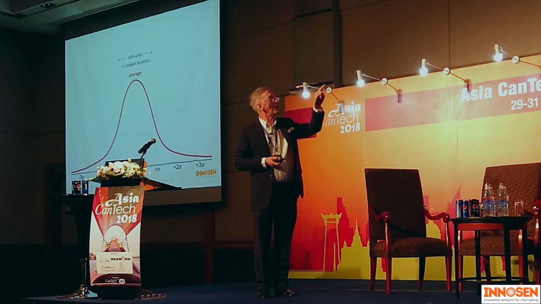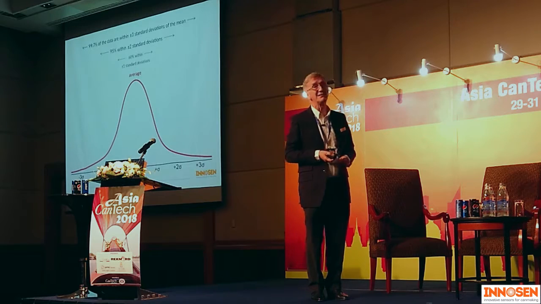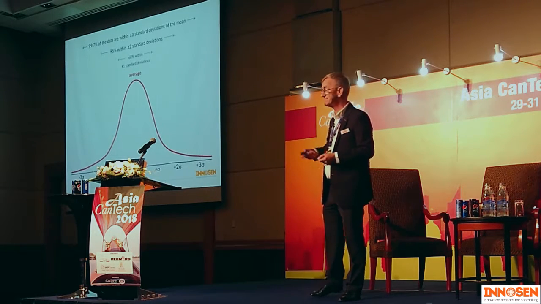But there are also other ways of determining the standard deviation out of the statistical data that you can gather from your production line, from your quality laboratory. Once you know your standard deviation, and you go plus or minus 1 standard deviation away from the average, you've covered 68% of your production. If you go 2 standard deviations away, you've got 95% of the production. And if you carry on, plus or minus 3 standard deviations, you've got 99.7%.